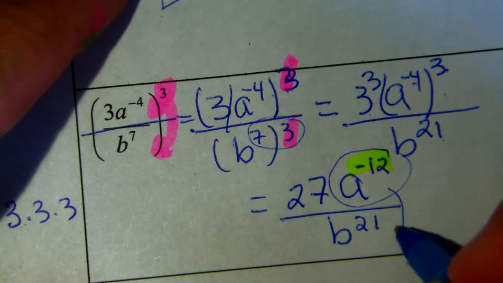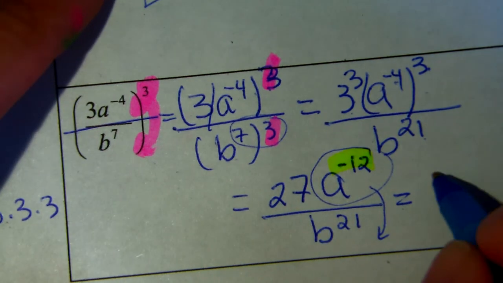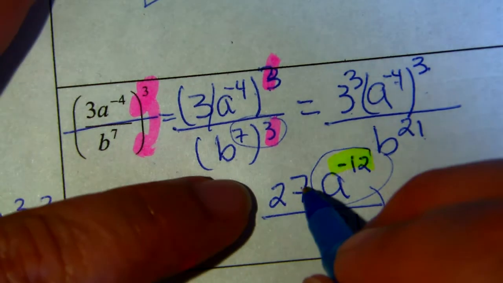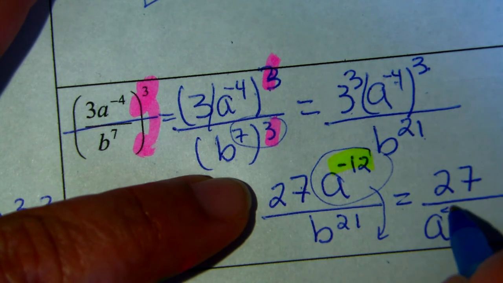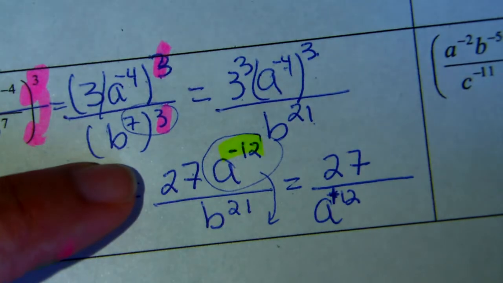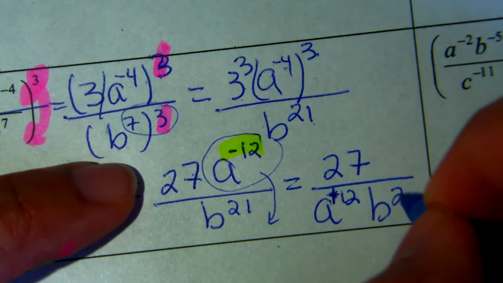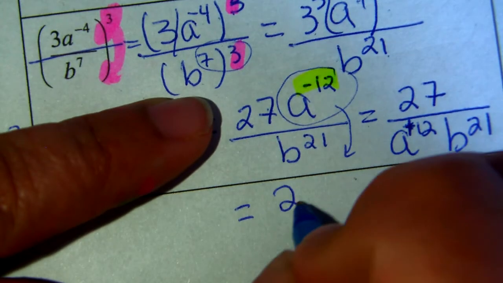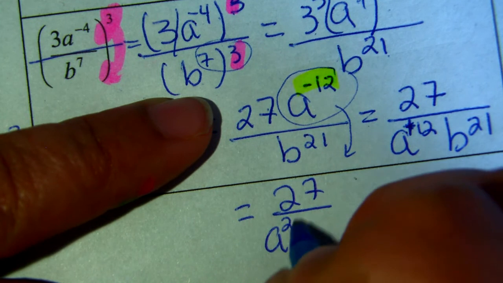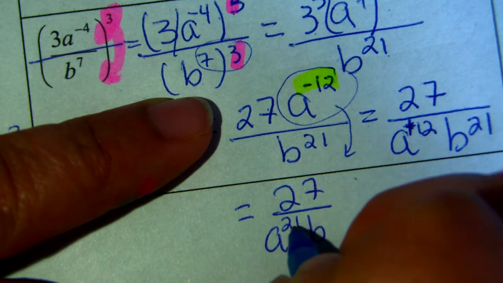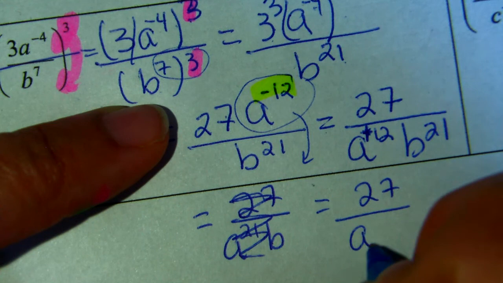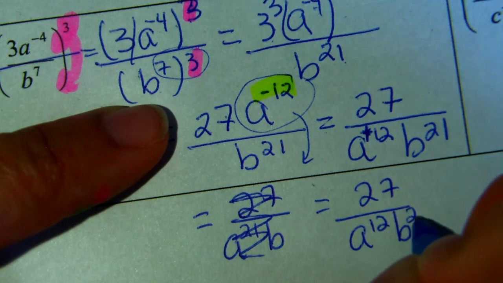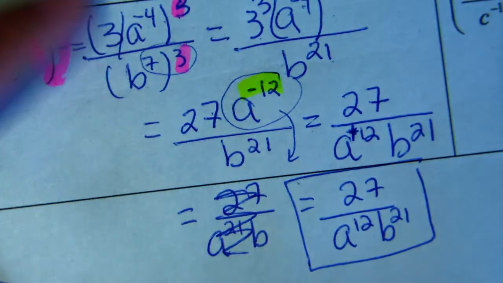We send it to the bottom, to the denominator. So you're going to have 27. This one stays on the top. And we send this one to the bottom, a to the negative 12. Sorry, positive 12. Now it becomes a positive. b to the 21. So I'm just going to rewrite it. 27 over a to the 12, b to the 21. And this is your final answer.